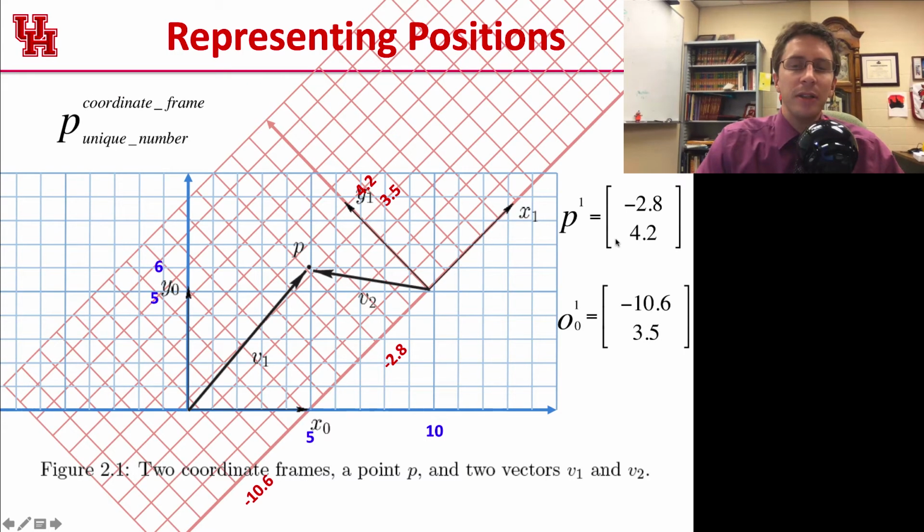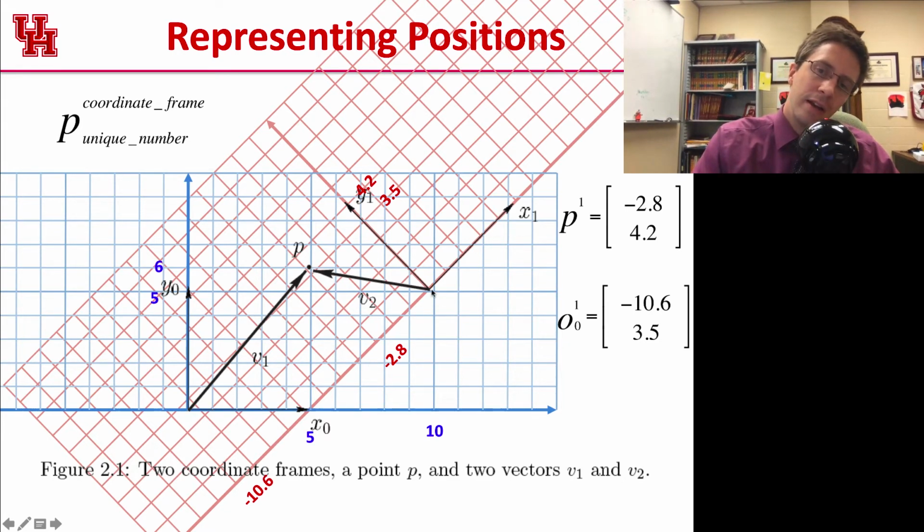Now we can also do the same trick. We can say, well, coordinate frame 1 is the one I care about, and I want to know, well, what is P in that? Well, if we were talking about P in coordinate frame 1, we're going to go negative in that x direction, 1 to 2.8. And then we're going to go positive in this y coordinate, 1, 2, 3, 4.2, gives us a location of P. And then we can also talk about what is the location of this origin.